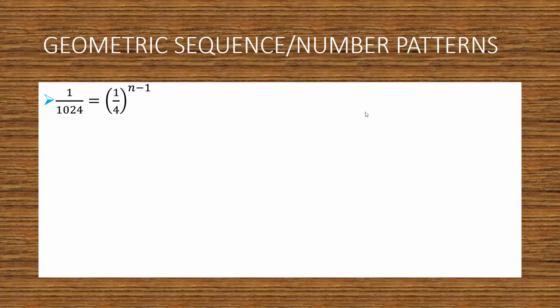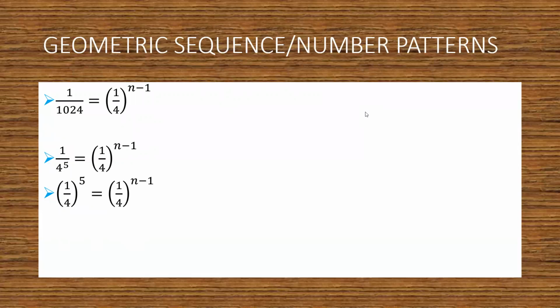Yes. Write that in the simplest exponential form. How much do you get? 1 divided by 4 to the power of 5. Do you agree with me? You can simply take that 5 outside the bracket.